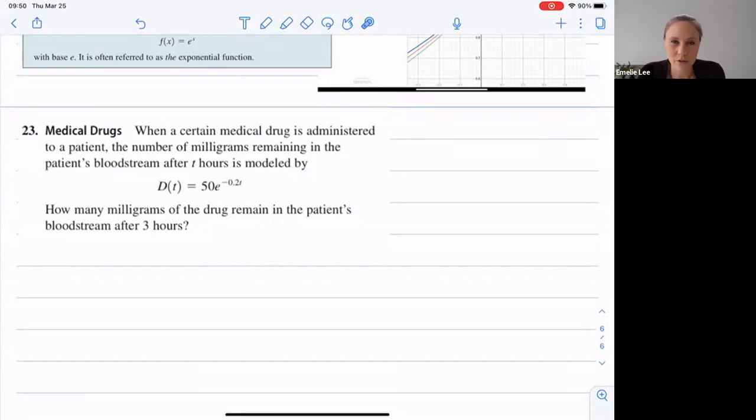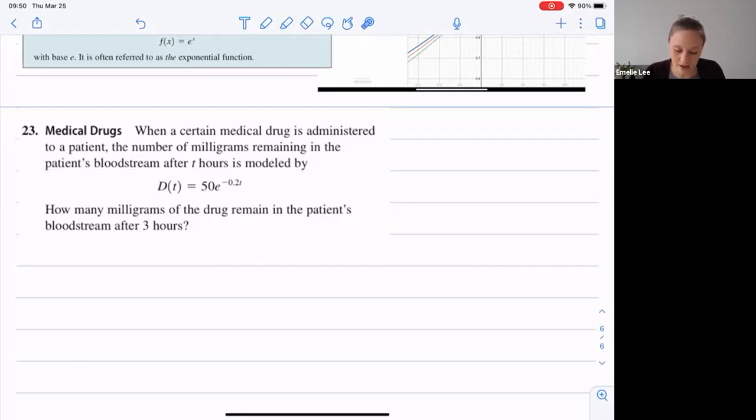So when a certain medical drug, I love that they specify a medical drug. When a certain medical drug is administered to a patient, the number of milligrams remaining in the patient's bloodstream after T hours, and you can imagine, blood alcohol levels is going to be really common to talk about, drugs, all those things, but they all behave the same way.